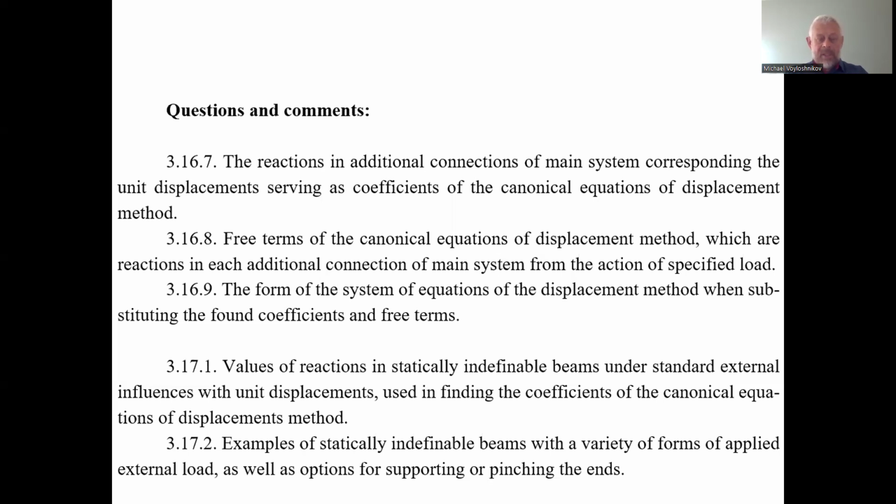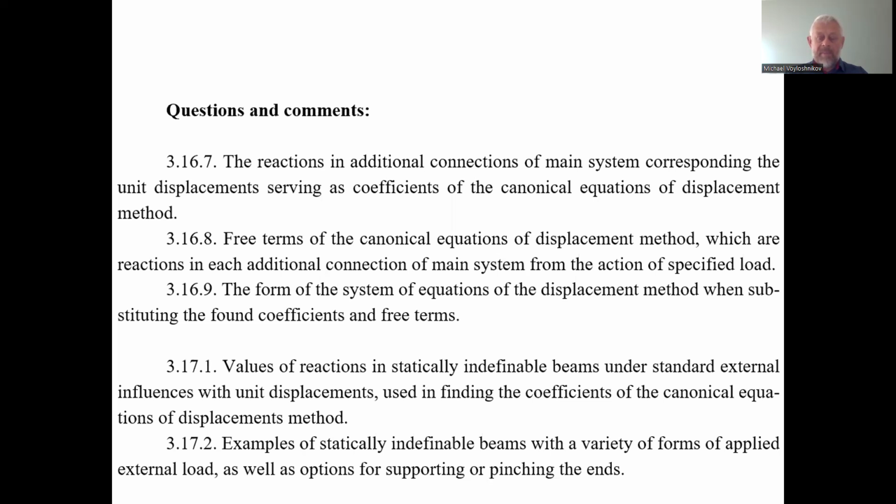The reactions in the additional connections have to be equal to 0. This is the rule for finding the displacements of the extra connections, because we have to find the displacement which corresponds to zero magnitude of the forces arising in the extra connections. Actually we have no extra connections; it is a theoretical concept to determine the displacements.